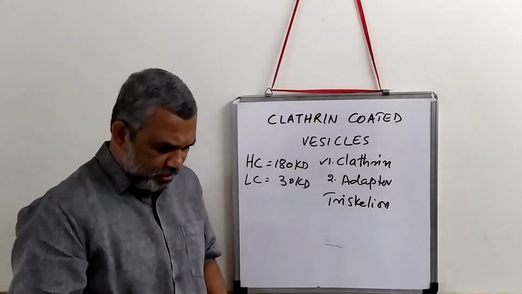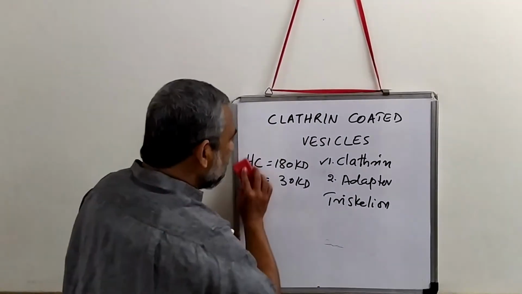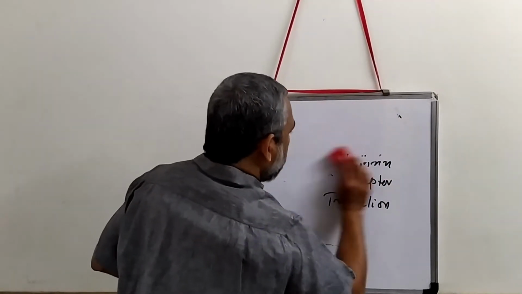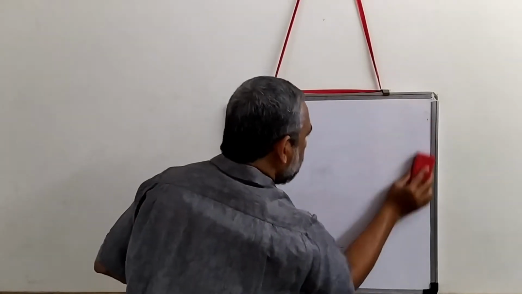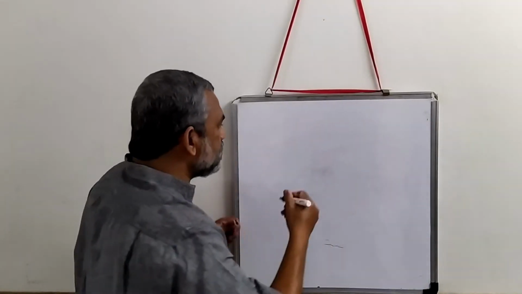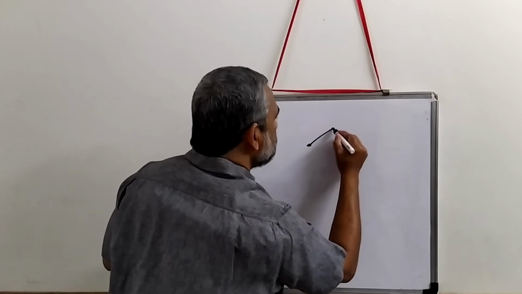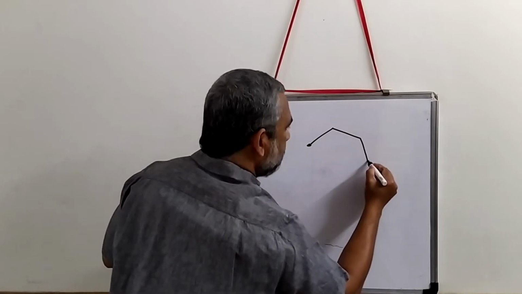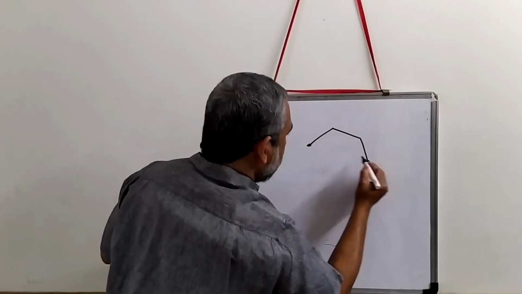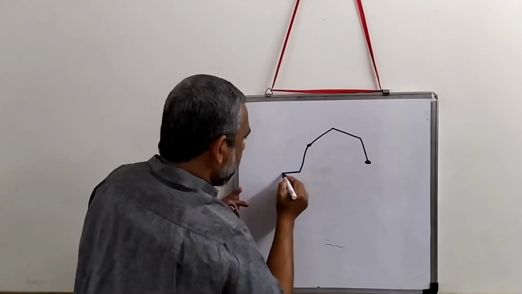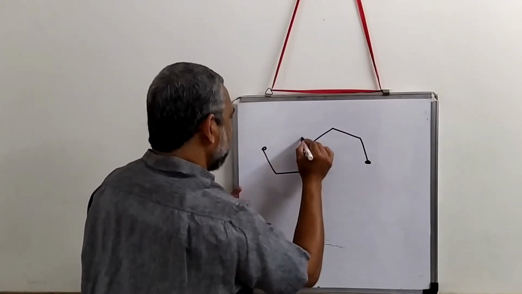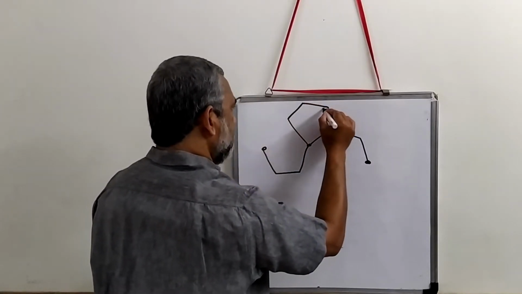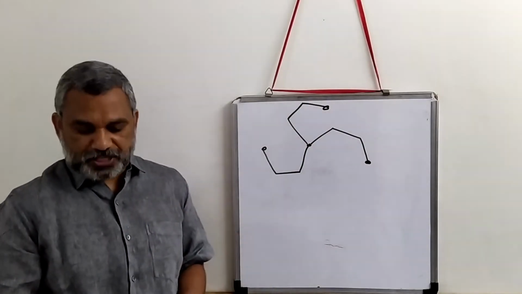Triskelion structure is, let's create a little space here. The triskelion structures look something like this. So this is the triskelion structure.